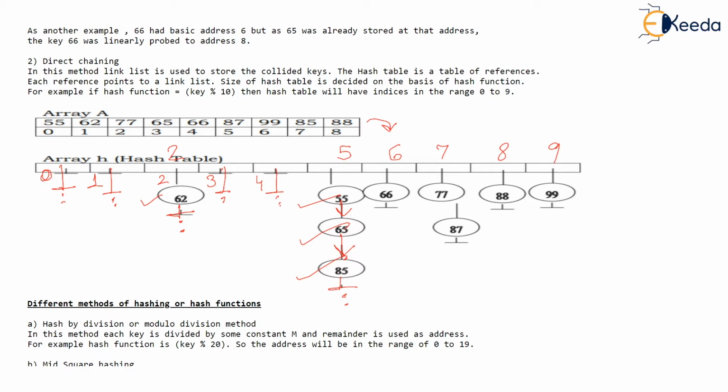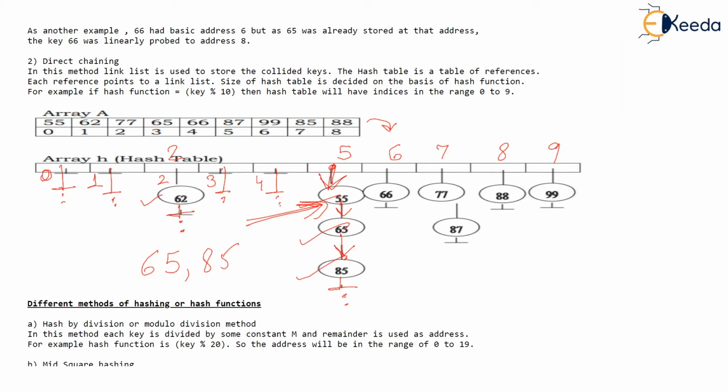You recall? We have mapped the keys, and while mapping the keys, whenever there was a collision, by the way, which keys collided? Think over it. Which keys collided? 65 collided, 85 collided. We don't say 55 collided because 55 went first when this slot was empty, isn't it? But then when 65 came in at address 5, we already had a node 55.